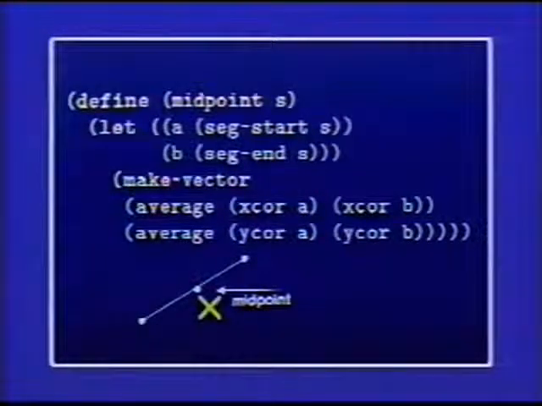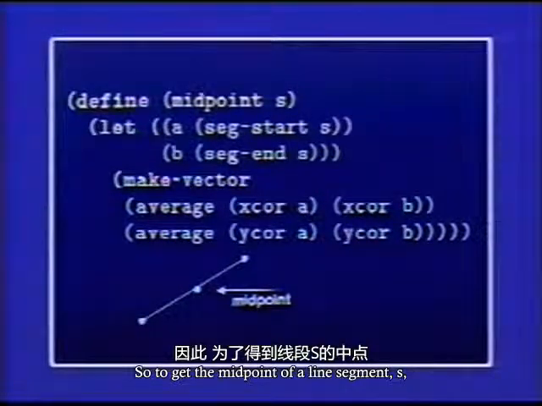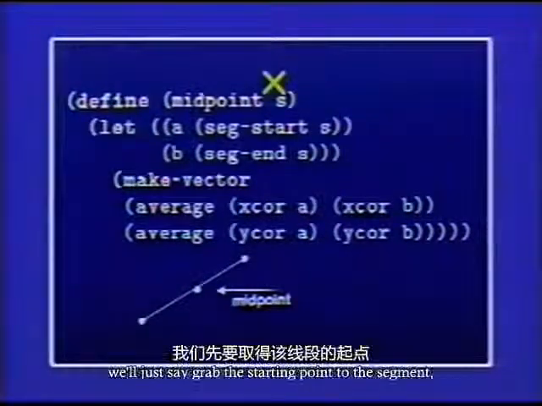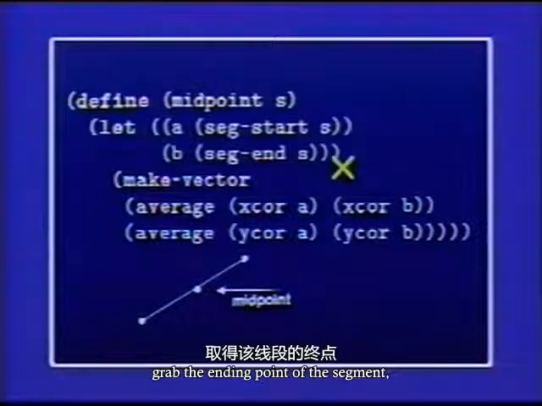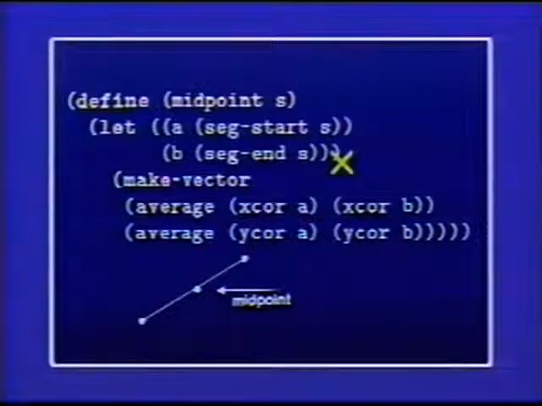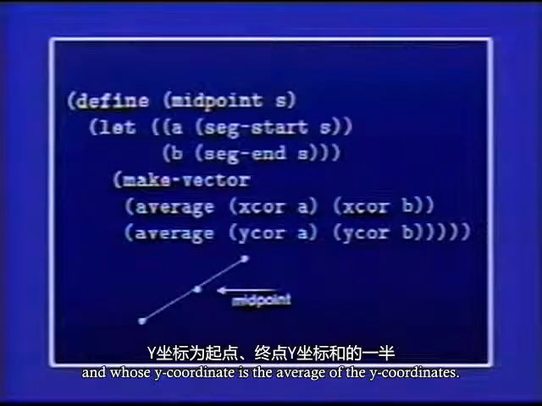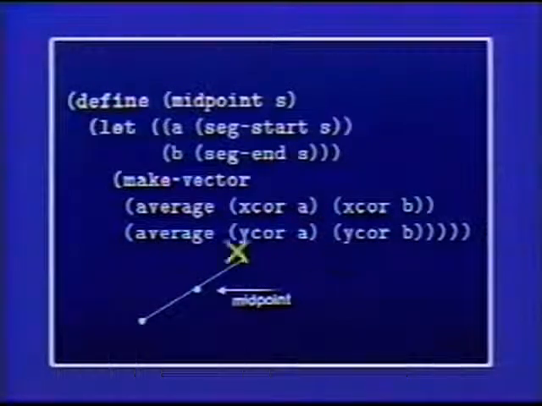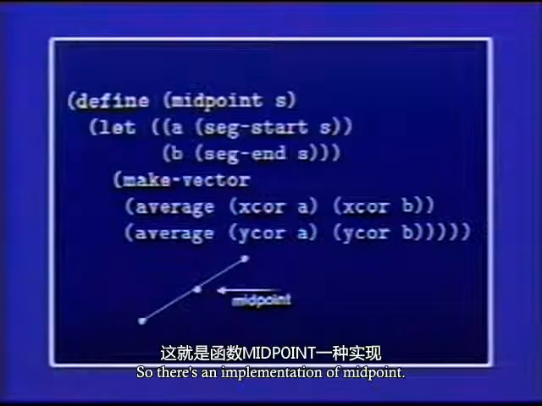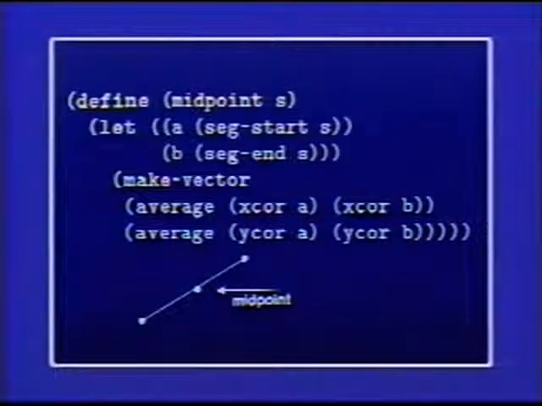So to get the midpoint of a line segment S, we'll just grab the starting point of the segment, grab the ending point of the segment, and now make a point whose x-coordinate is the average of the x-coordinate of the first point and the x-coordinate of the second point, and whose y-coordinate is the average of the y-coordinates. So there's an implementation of midpoint.